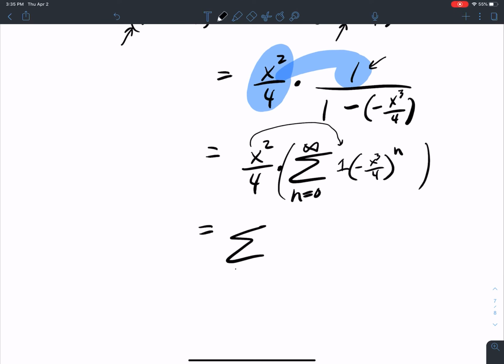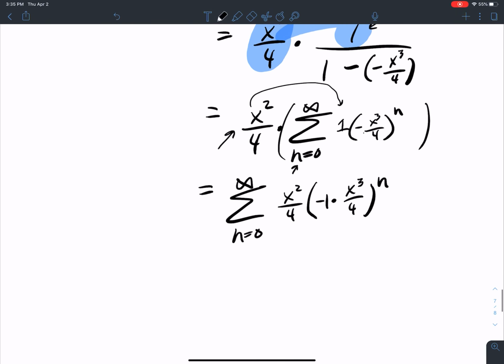So this is n equals 0 to infinity. Look, this is in terms of n. This is like a constant, right? It's just like my constant, my a here. And then this is the same as negative 1 times x cubed over 4 to the n. So algebraically simplify here.